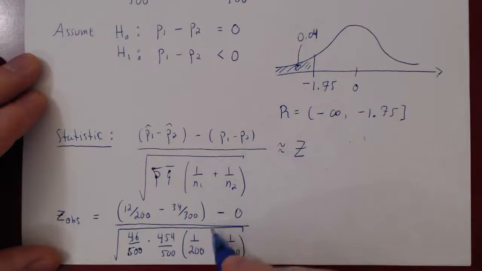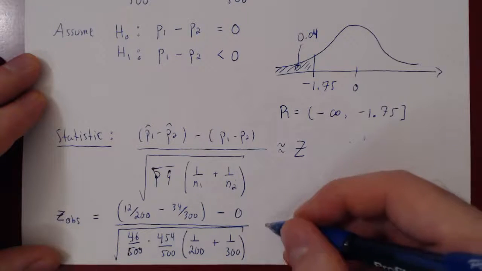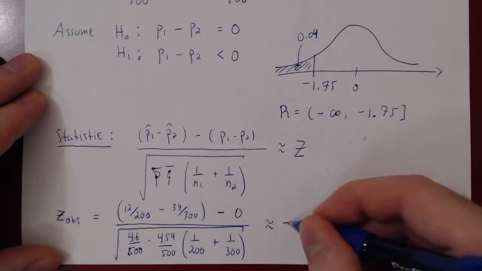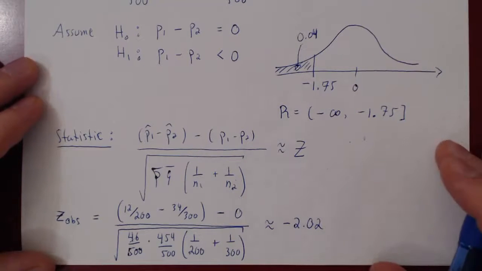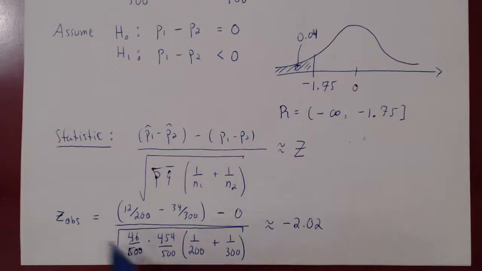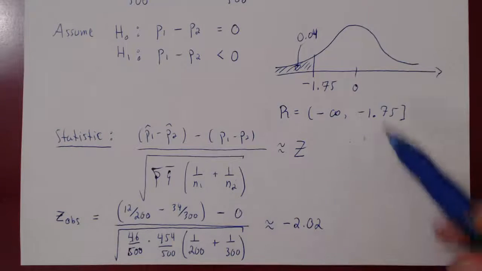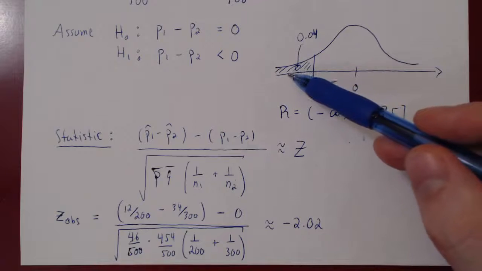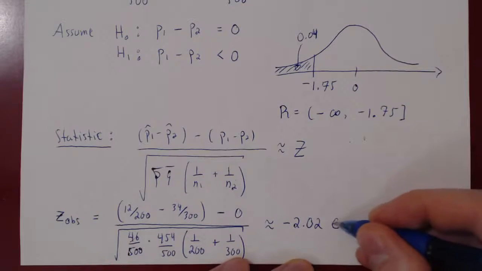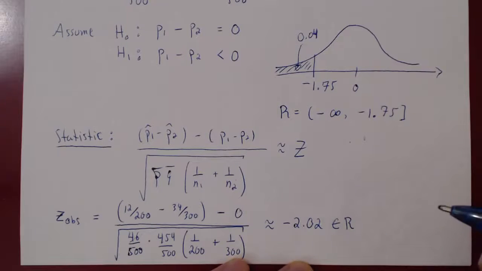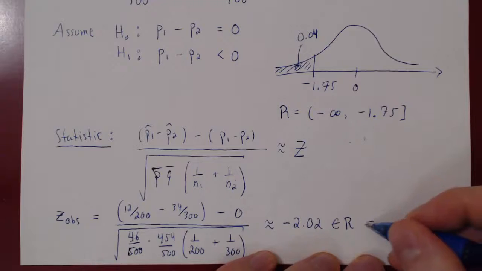So with your calculator, you can now compute this, and you will find an approximate value of negative 2.02. And if you look, negative 2.02 is less than negative 1.75, and so our observed z-score does belong to our rejection region. Therefore, our conclusion is that we reject H0.